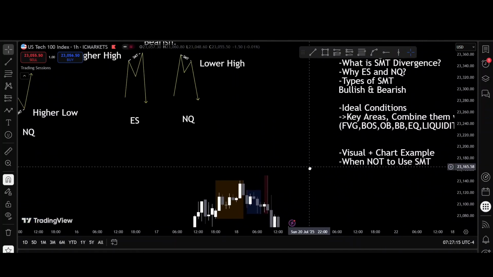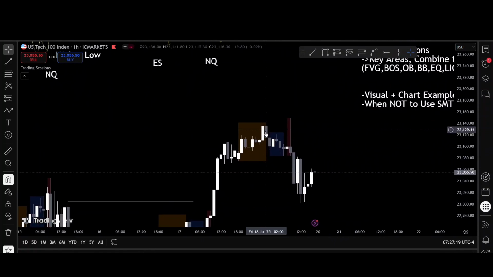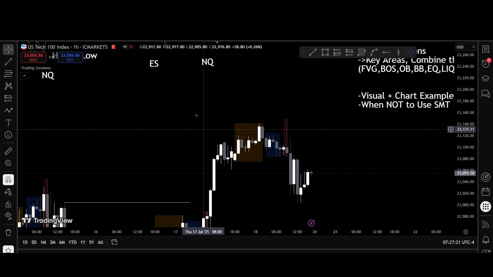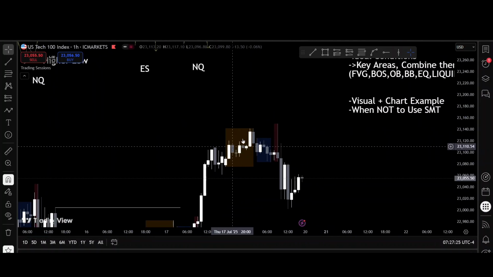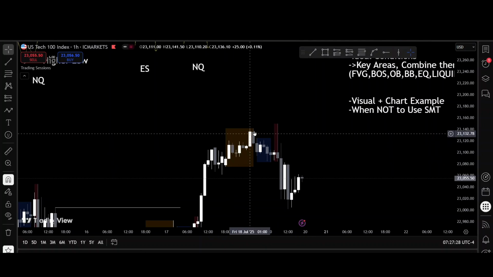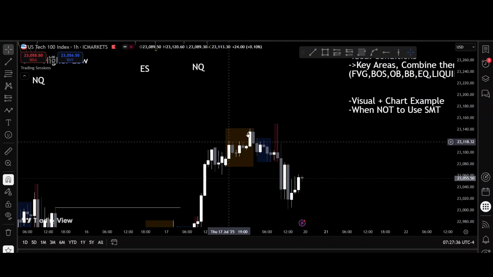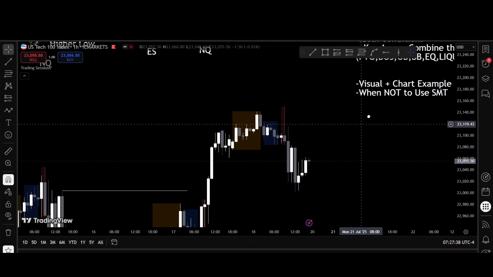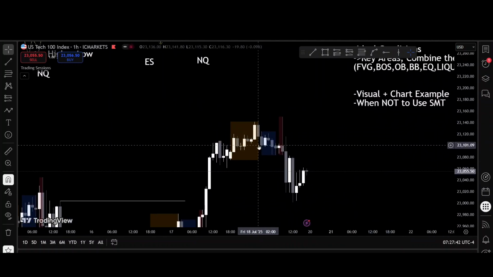So let's say right here, this is NQ. Let's say NQ made a higher high right here, or NQ just made this candle, the one at 1 a.m. If the 2 a.m. candle isn't a bearish candle, it's not a high yet. Because for it to be a high, it has to be an up and down candle.